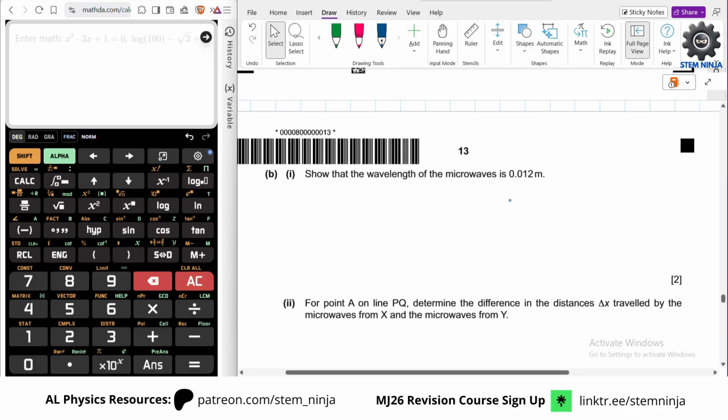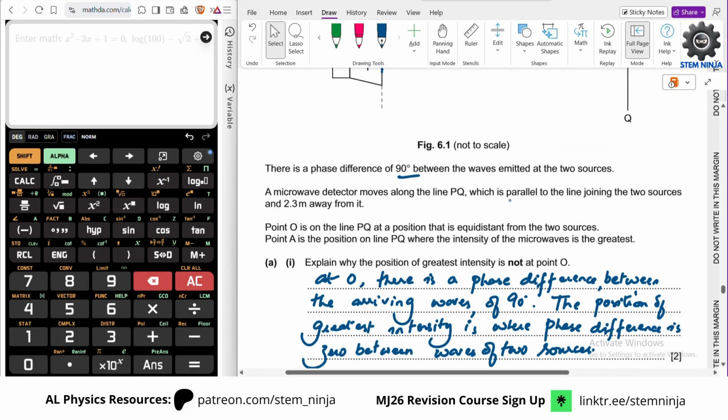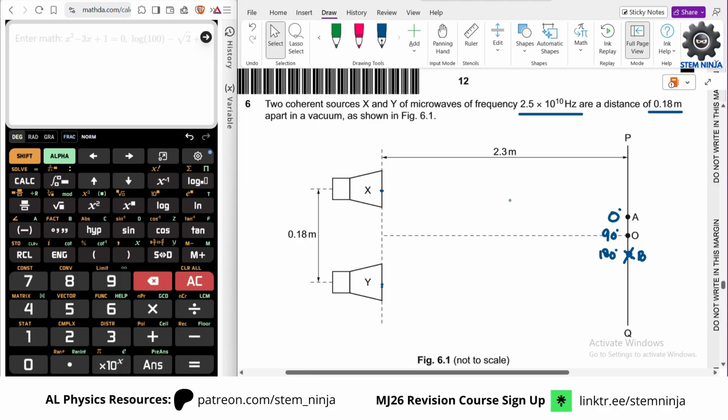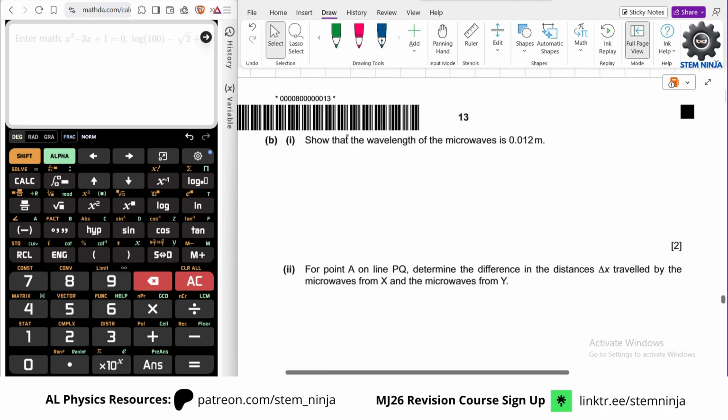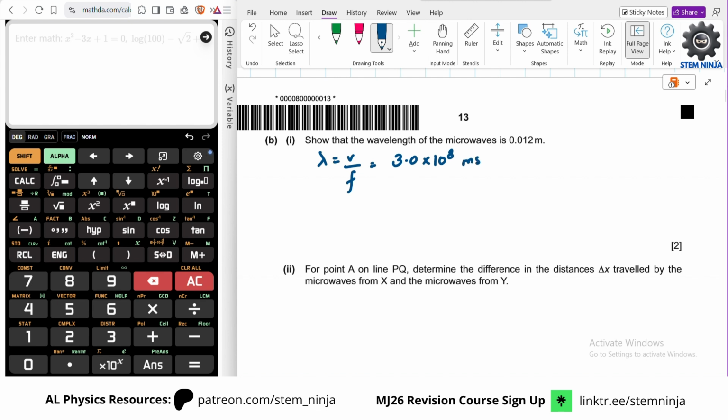Show that the wavelength of microwaves is 0.012. So frequency is 2.5 times 10 raised to power 10. We know wavelength is v over f. v is 3.0 times 10 raised to power 8 meters per second because this is an electromagnetic wave.